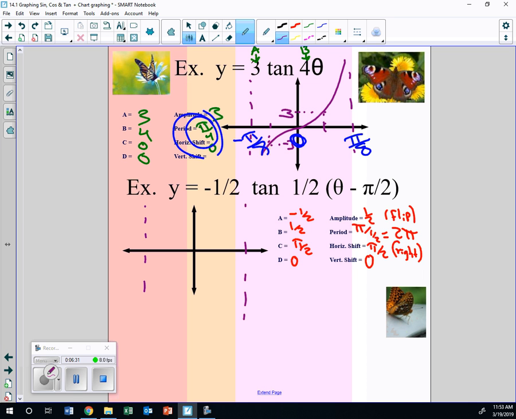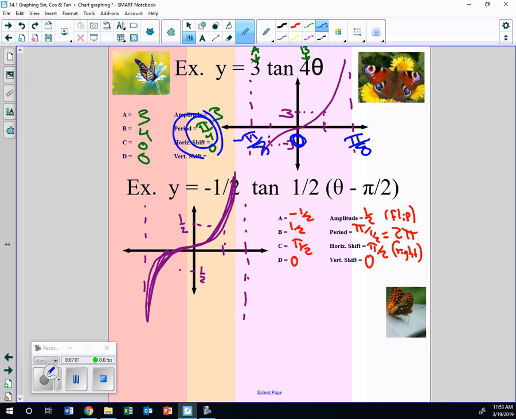Draw your asymptotes, make your tangent curve. That was pretty bad, tangent curve, but that's all right. Okay, then the amplitude is 1/2. So right in the middle between here and the asymptote, go up and over. Instead of 1, it's going to be 1/2. And you go down and over, it's going to be negative 1/2.